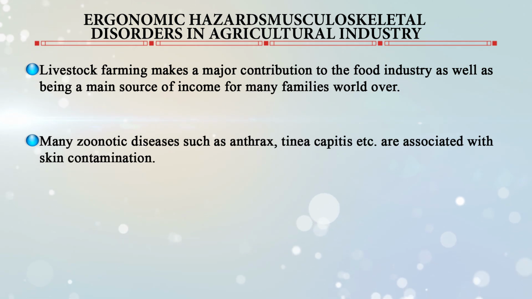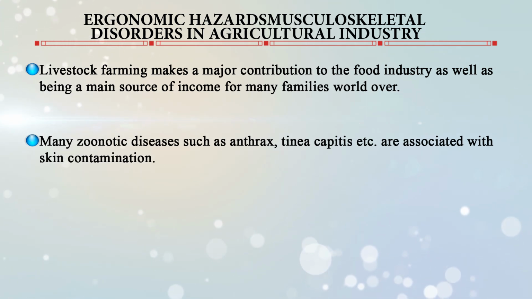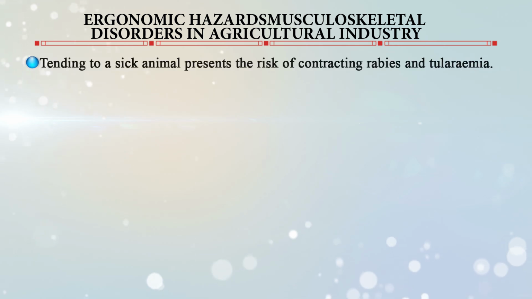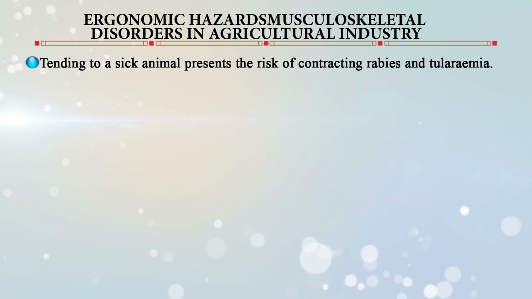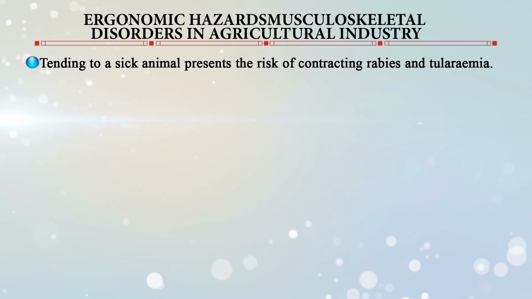Many of the zoonotic diseases such as anthrax, tinea capitis are associated with the skin contamination. Therefore, improvements in the animal husbandry practices, efficient ventilation, frequent vaccinations of the animals, quarantining sick animals and good personal hygiene, all this can reduce the risk of contamination. Another important factor is tending to a sick animal. This also presents the risk of contracting rabies as well as tularemia.